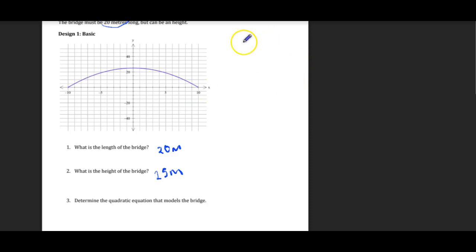So our turning point for this question is at (0, 25). And all we need to get the equation is another point. So we can use this point here, 10. So that's (10, 0).